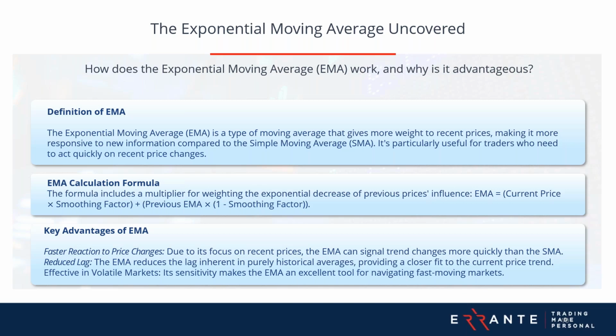Secondly, by minimizing the lag, the EMA provides a more accurate reflection of the current market state, allowing for more precise trading decisions. Lastly, in volatile markets, where prices can swing widely and quickly, the EMA's responsiveness enables traders to navigate these turbulent waters with greater confidence, potentially leading to better outcomes.